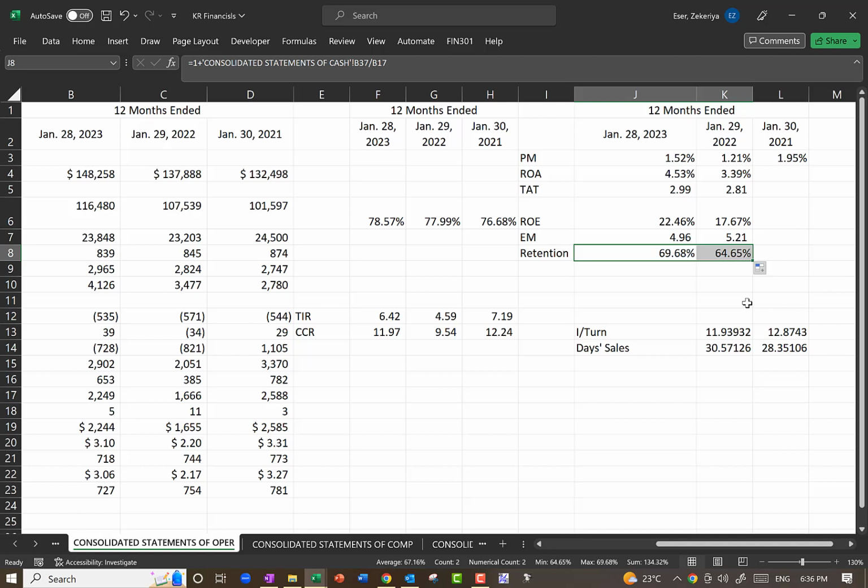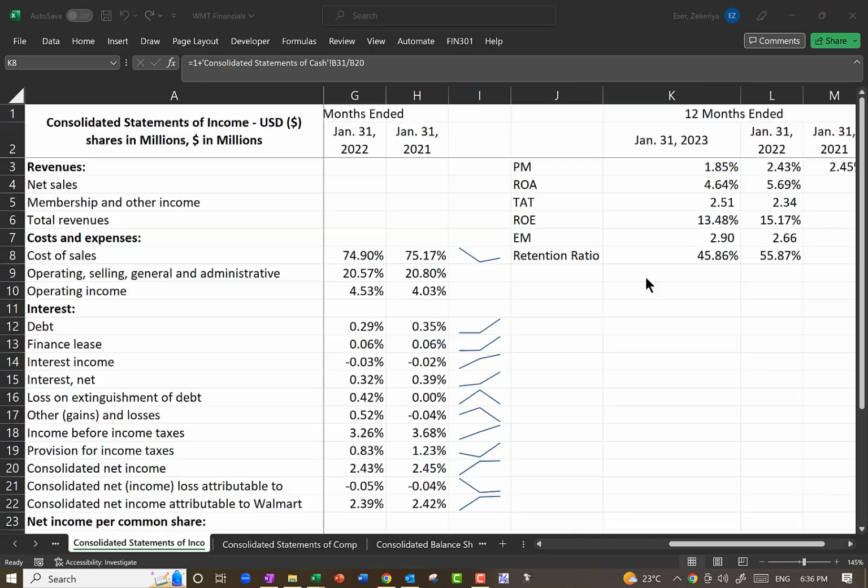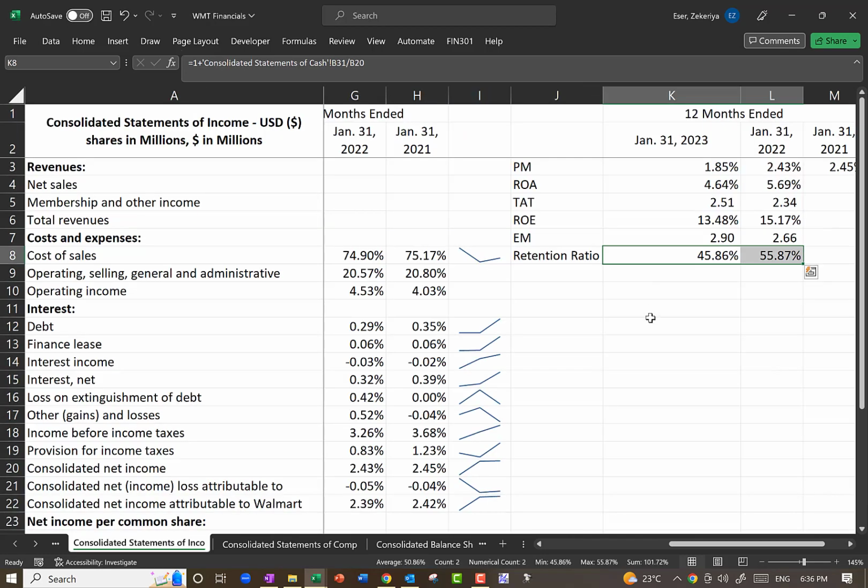So if you think about it, which one do you think will be able to grow faster? They have roughly similar return on assets. Which one has more internal resources? Walmart or Kroger? Kroger has a 2/3 retention ratio. Walmart has about half. So which one has higher internal resources?